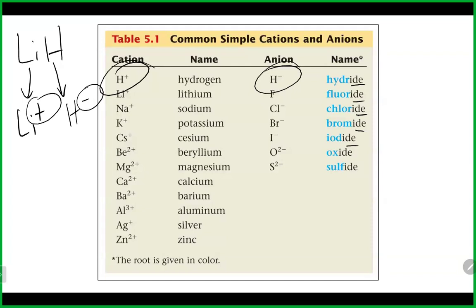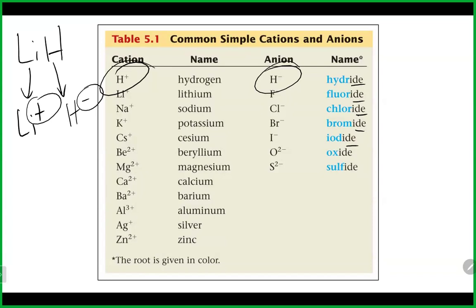Hydrogen is also a weird element in a sense. We know from our conversations that hydrogen is a nonmetal. But in terms of naming, for most cases, it will act like a type 1 metal, even though it is a nonmetal.